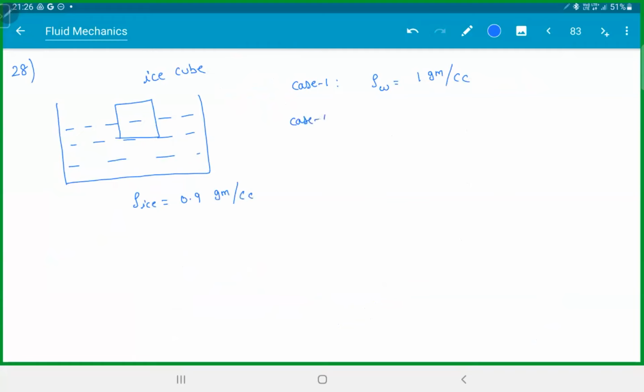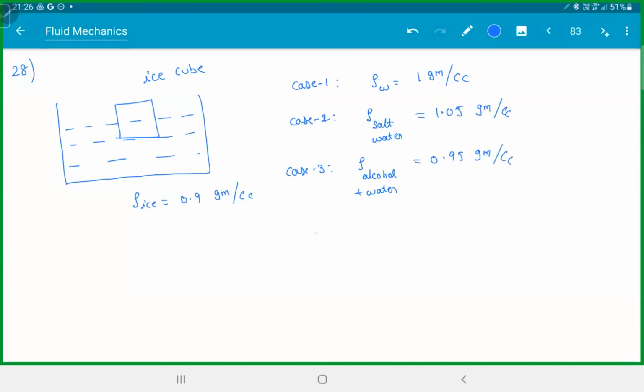Case 2, let's say you mixed up some salt water. The density will be slightly more, 1.05 gram per cc. Case 3, let's say you put some alcohol plus water. The density would slightly decrease to 0.95 gram per cc.